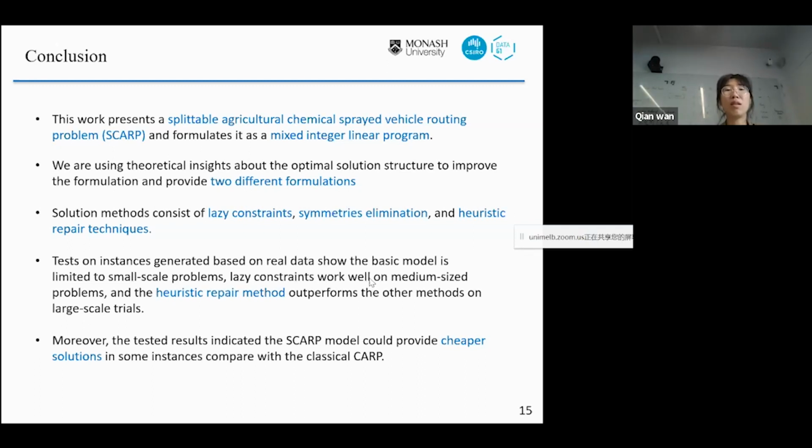And the heuristic repair methods outperform the other methods on large-scale instances. Moreover, the test results indicate the splittable capacitated arc routing problem model could provide cheaper solutions in some instances compared with the classical capacitated arc routing problem.